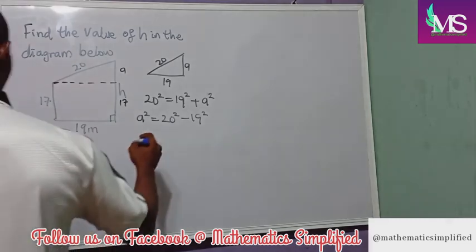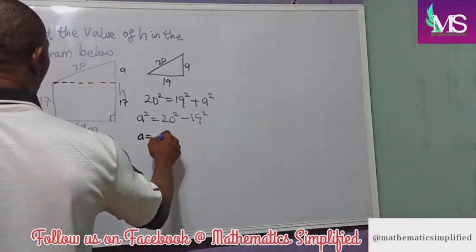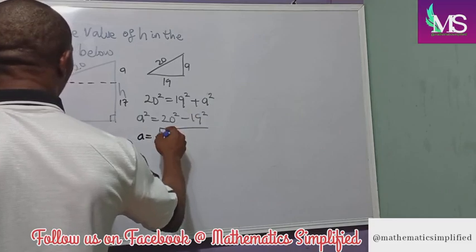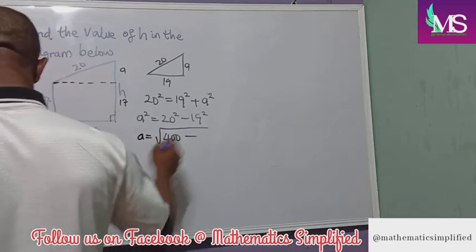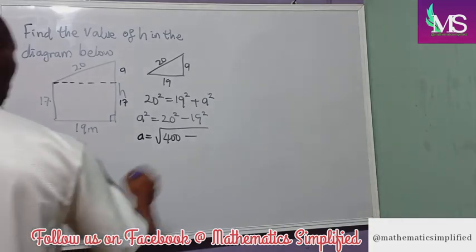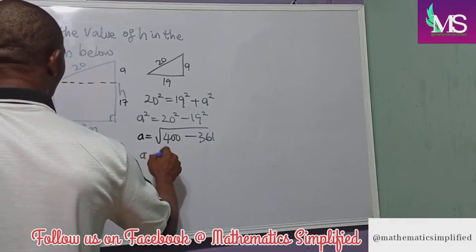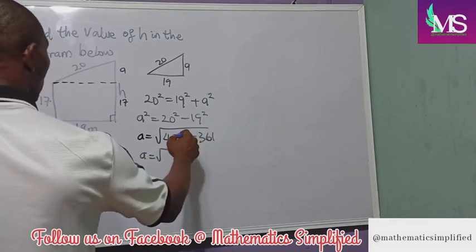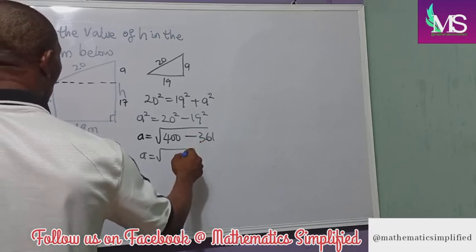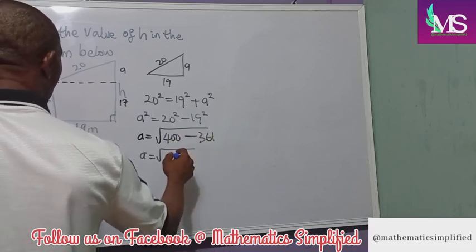The value of A is going to become the square root of 20², which is 400, minus 19², which is 361. So A equals the square root of 39.